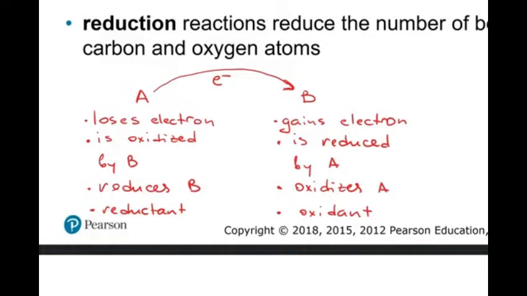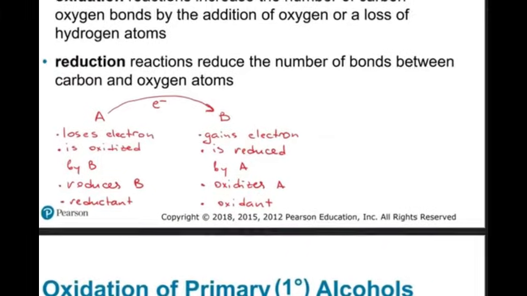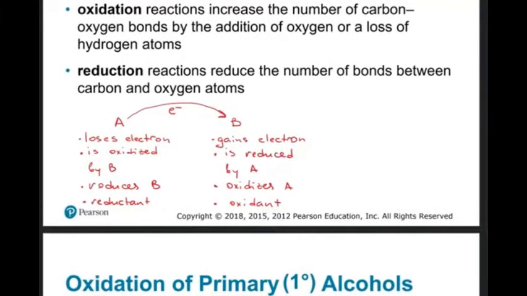Now, another way to see whether something is oxidized or reduced is not by checking the electrons. The electrons are going to be transferred anyway, but by checking the bonds between oxygen or hydrogen and carbon. So this is what I mean.